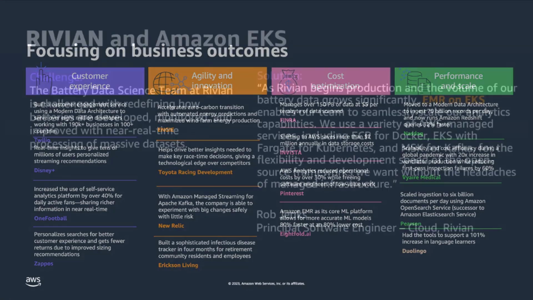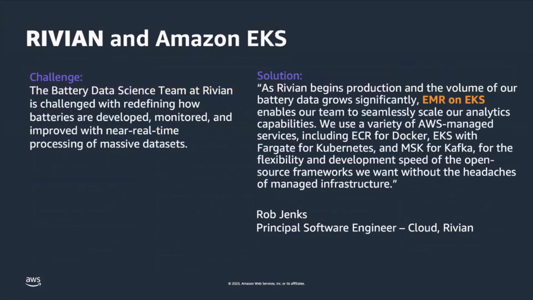Right. So just talking through a couple of these use cases, one would be Rivian. This one is talking about the challenge to the battery data science team at Rivian and how they used services like EMR on EKS to scale their analytics capabilities.